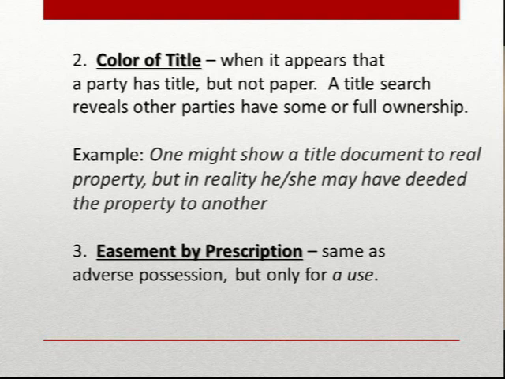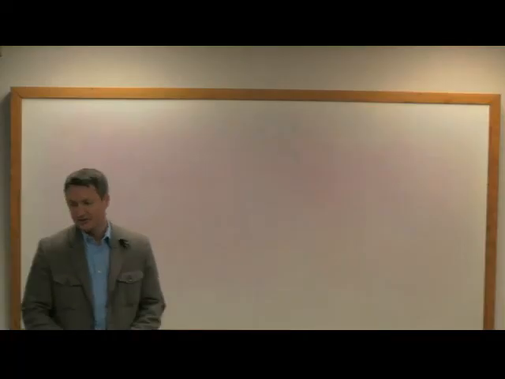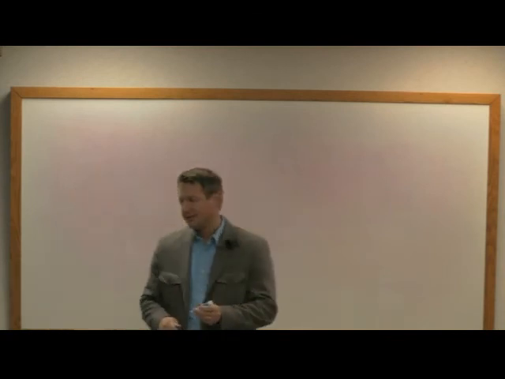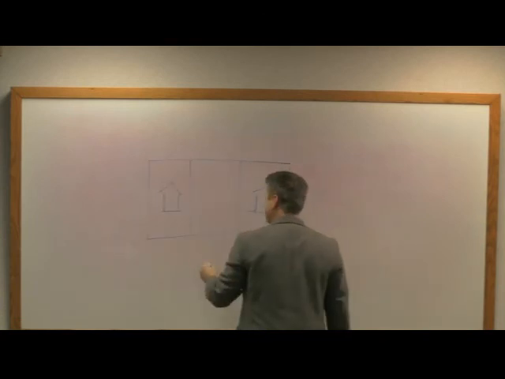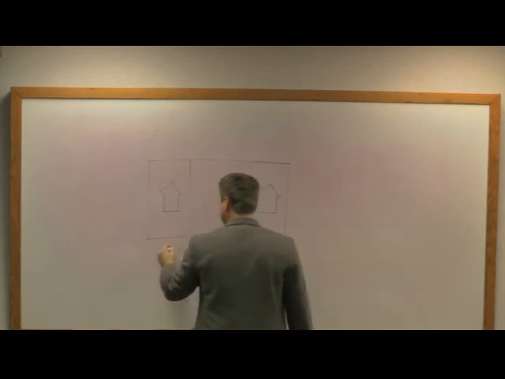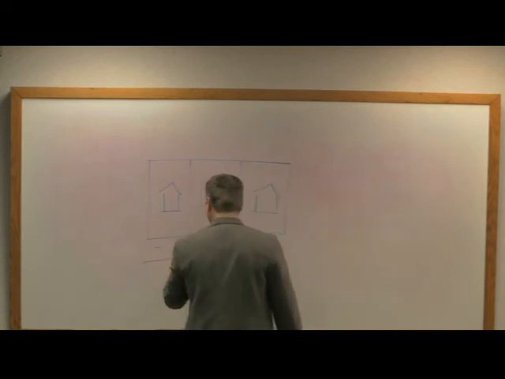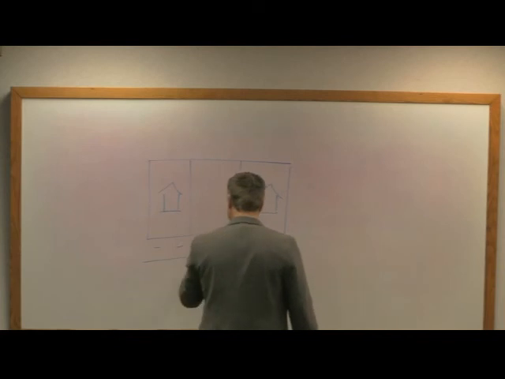An easement by prescription is similar to an adverse possession, but it's for a use. And so let's say we have these lots. We have a street below them, and then across the street is this school.